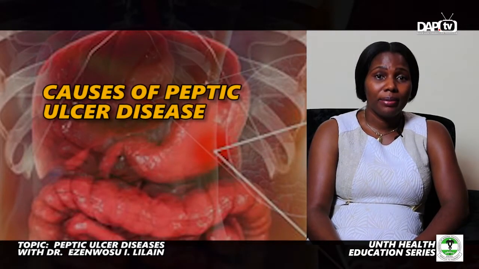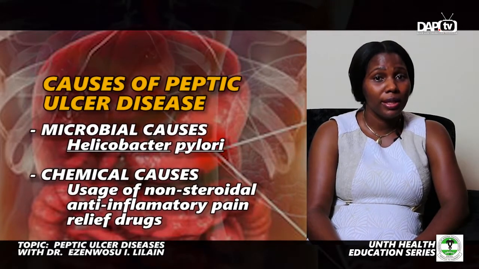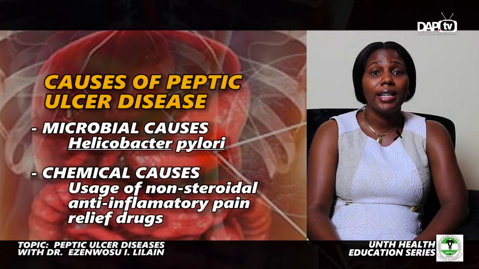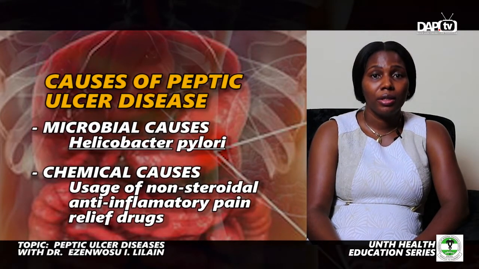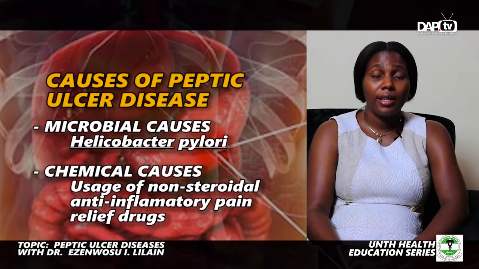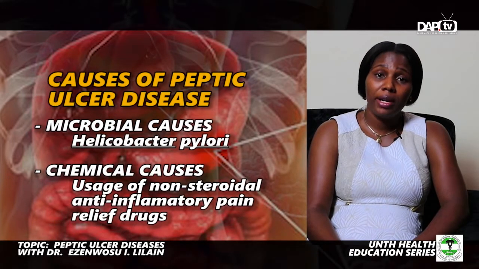Peptic ulcer disease is caused by two major factors. One is Helicobacter pylori, which is a bacteria that is found in the lining of the mucosal layer of the stomach. The other is constant or frequent usage of pain relievers.